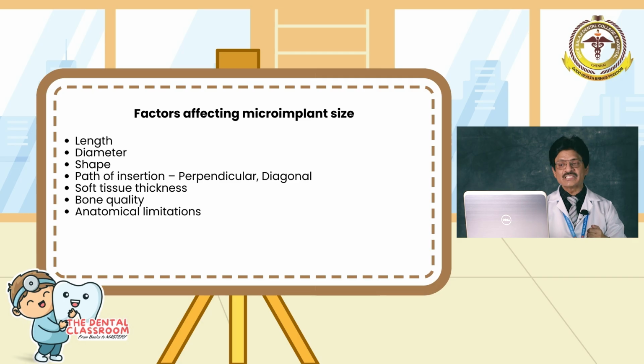So what are the factors which affect the microimplant size? The length, diameter, shape, path of insertion, which could be perpendicular or diagonal, soft tissue thickness, bone quality and anatomical limitations. We shall get into the details of all these in a short while.